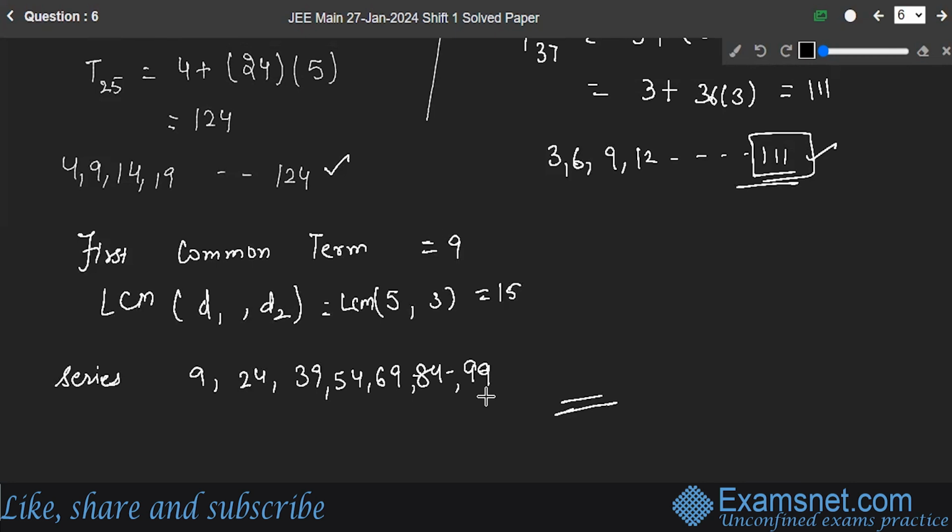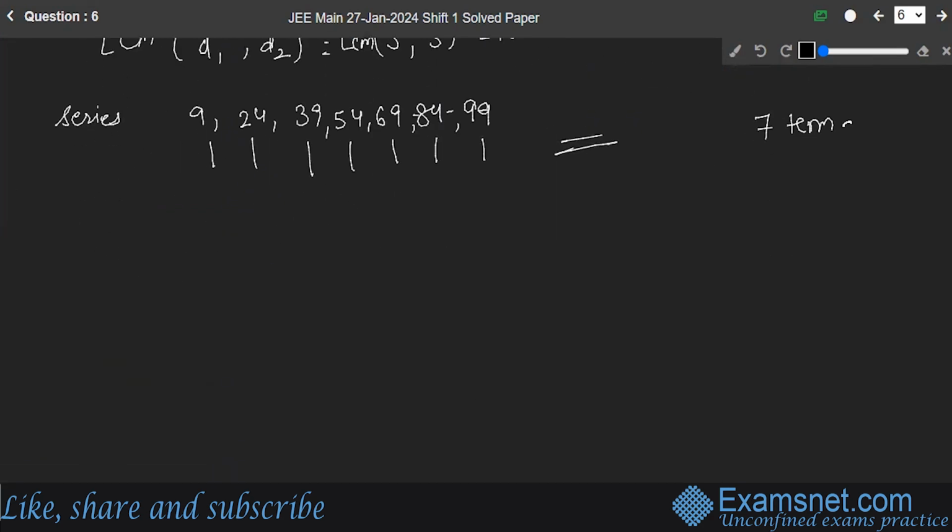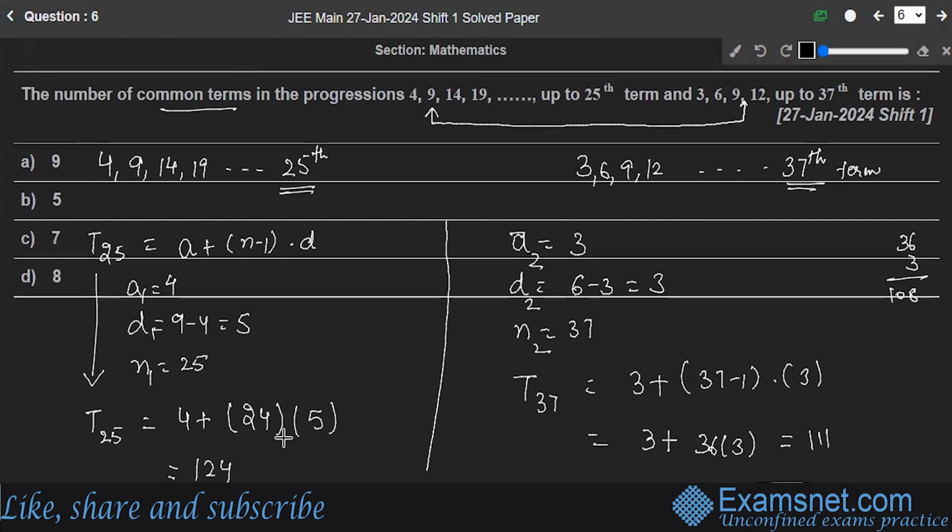And after that, it will be greater than 111. How many terms? 1, 2, 3, 4, 5, 6, and 7. So there are 7 terms, right? That makes option C the correct answer. Hope you're clear.